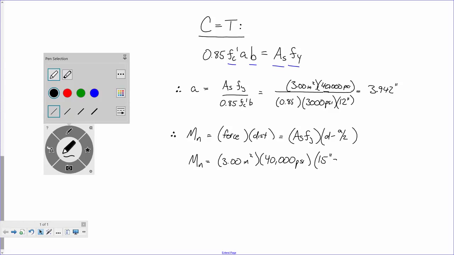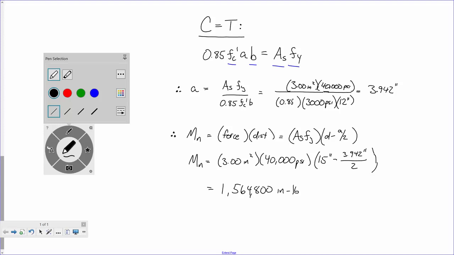We just calculated A, 3.942 inches over 2. And that equals, you tell me, what's it equal? That's inch-pounds, right?